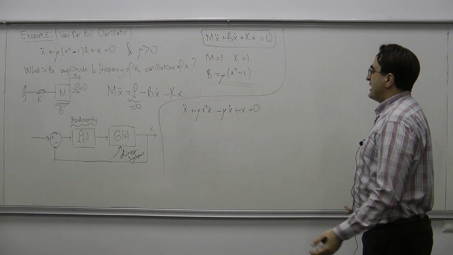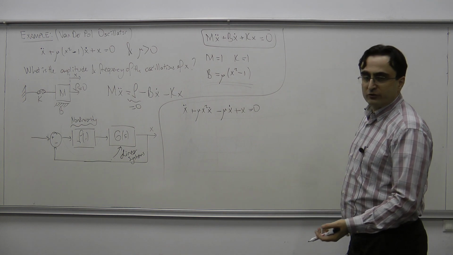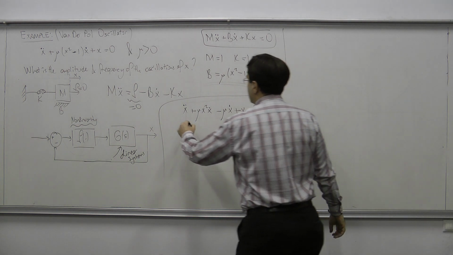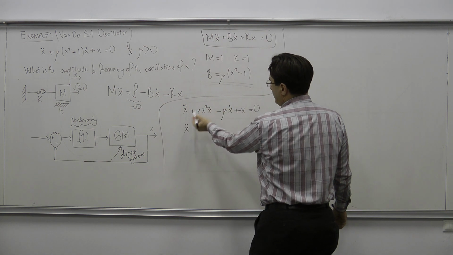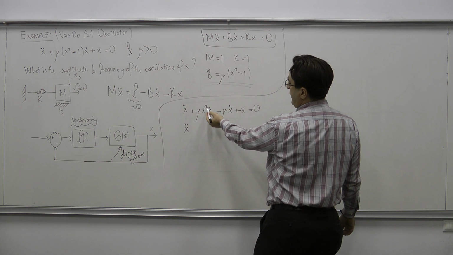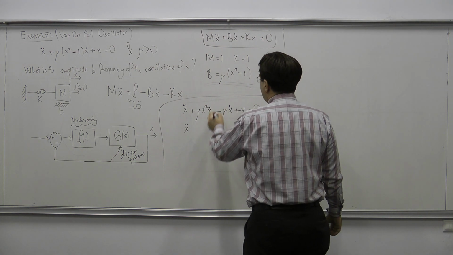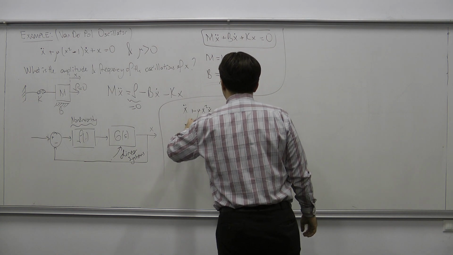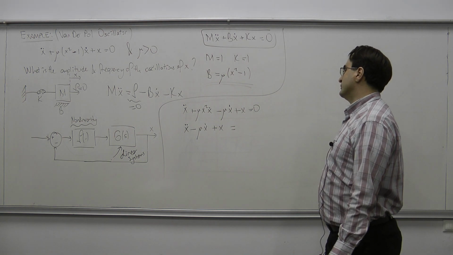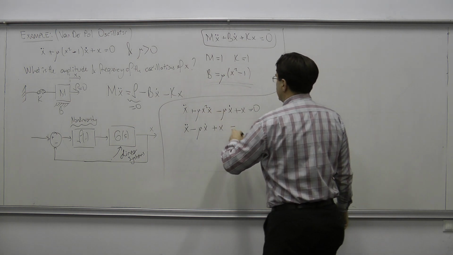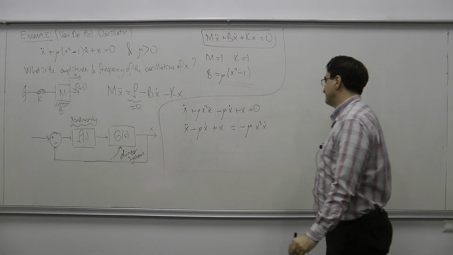Now let me collect all of the linear terms on the left-hand side and nonlinear terms on the right-hand side. So x double dot is a linear term, and this term is definitely nonlinear because of the square and the multiplication of x and x dot here. So I will take, on the left-hand side, minus mu x dot plus x is equal to, and I would take the nonlinearity to the other side, minus mu x square x dot.